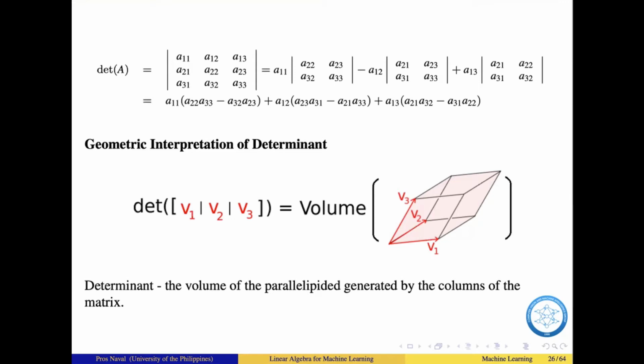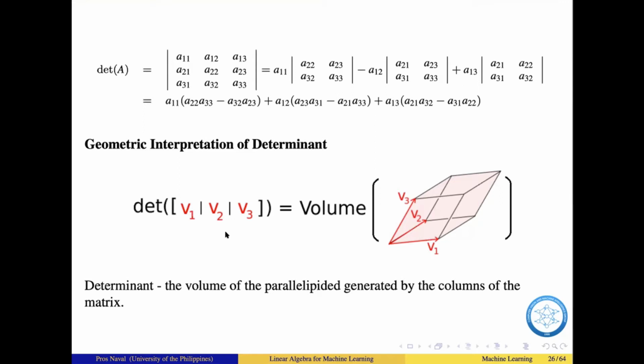The geometric interpretation of the determinant is the following. If we look at the matrix as composed of columns v1, v2, and v3, where v1 is this vector here, v2 is this second vector, and v3 is the third vector, the determinant is just the volume of this parallelepiped generated by the columns of the matrix.